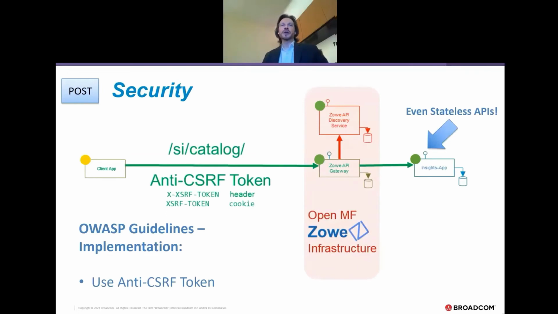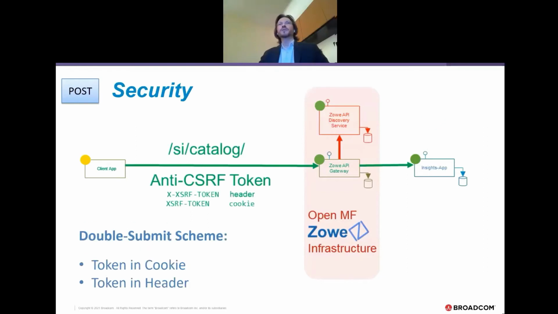Even for stateless APIs, it's important to protect your endpoints this way because we may be using something like a web token or a bearer token authentication scheme. So to protect against that kind of problem, we make sure that we use a double submit scheme by providing a unique anti-CSRF token in both a cookie that we forward ahead and also in the header of each request.